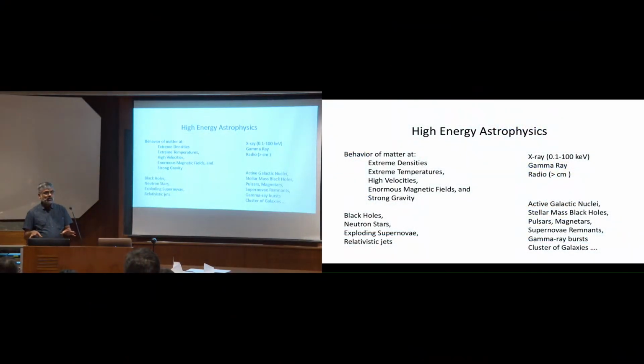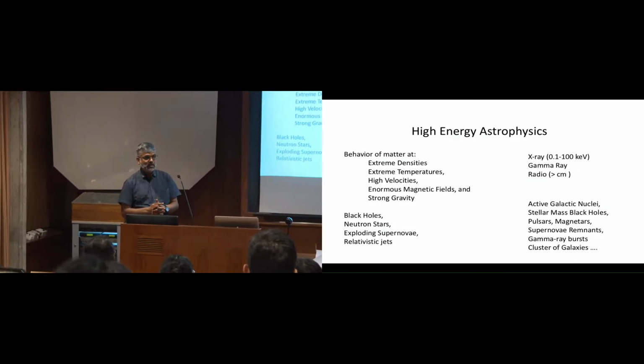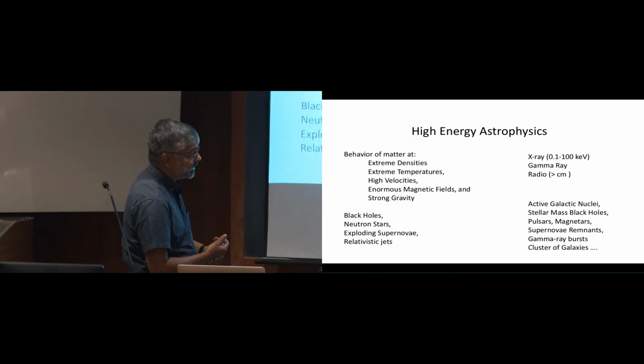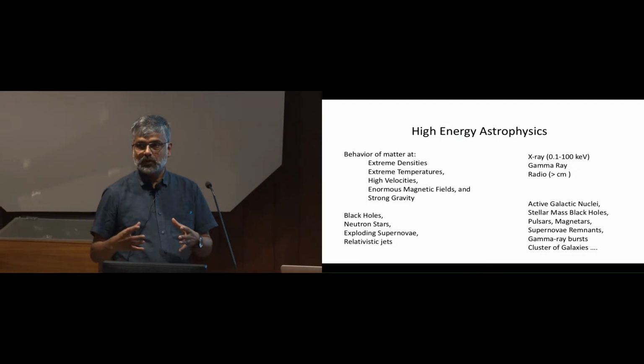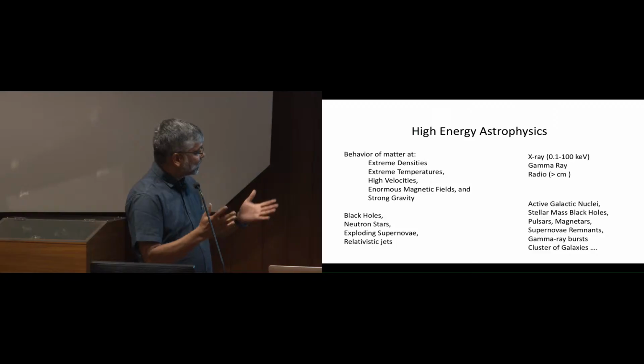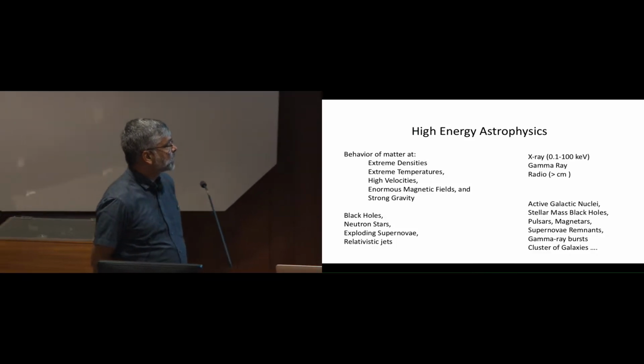So throughout this talk I would be referring to many things that Professor Rajaram Nityananda mentioned in two of his talks on the first day, both objects and processes. Objects like active galactic nuclei, where you have a supermassive black hole at the center of a galaxy, which emits over a wide energy band, but our interest is in X-rays.